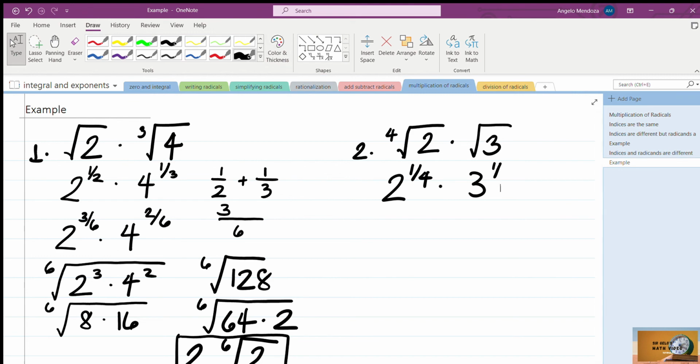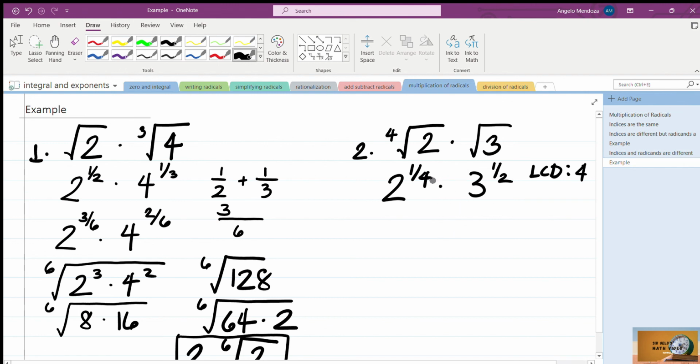So you have 2 raised to 1/4 times 3 raised to 1/2. For the LCD, the LCD will be 4.